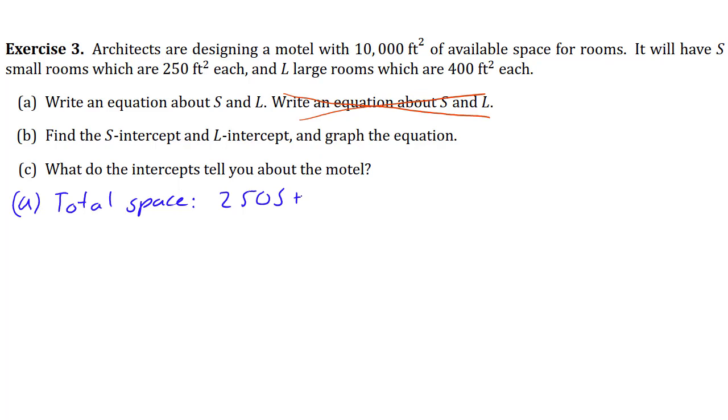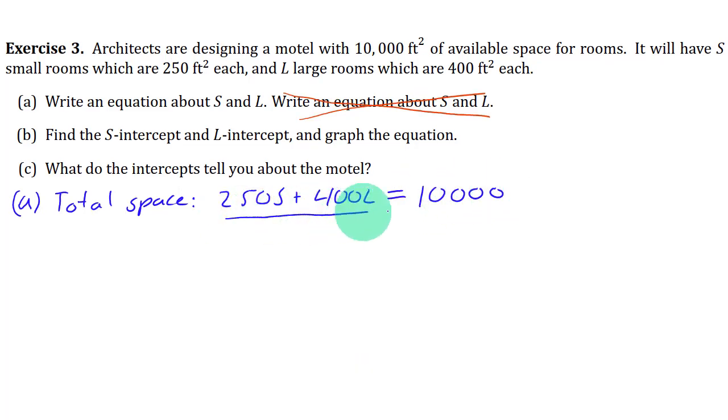So that's the amount of space taken up by small rooms. Then the large rooms are 400 square feet each, so the amount of space taken up by large rooms is going to be 400 times L. If L is 1, that gives you 400 square feet. If L is 2, that gives you 800 square feet. Then if you add that to the amount of space taken up by the small rooms, you get the total space taken up by rooms. And that is 10,000 square feet available for rooms. So that is your equation about S and L.